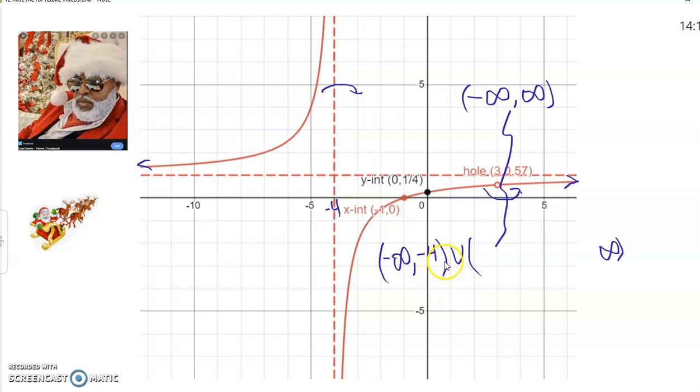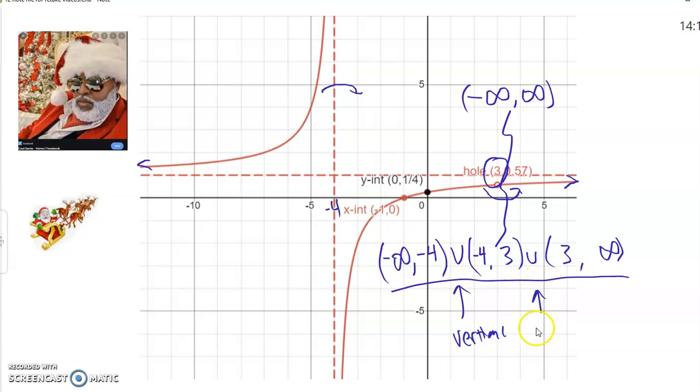Go up to, but not including -4, and then hop over to the other side of -4, and continue until you get to what? Well, remember the hole was sitting over here at 3. So continuing until you get to 3, and then somehow you have to skip over 3 and then continue to infinity.